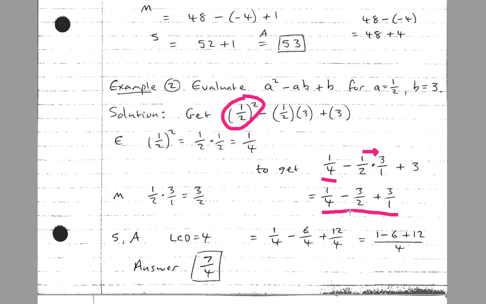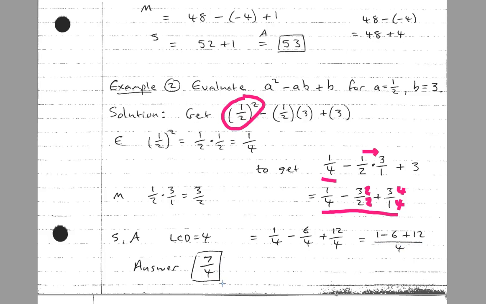Alright, so we get to here. Now we're just subtracting and adding fractions. Put them over the same denominator, so put them over 4. Multiply this by 2, so that's minus 6/4. And multiply this by 4, so that'll be plus 12/4. When you're adding and subtracting fractions, you need a common denominator. The least common denominator here is 4. So we're getting 1 minus 6 plus 12.